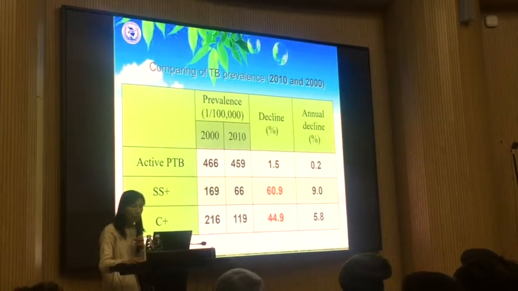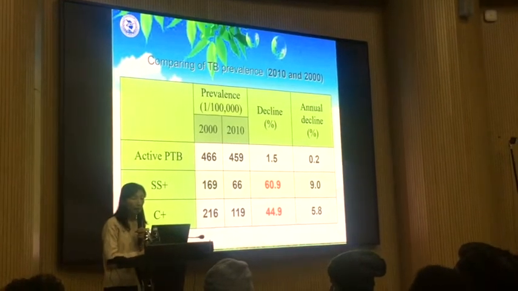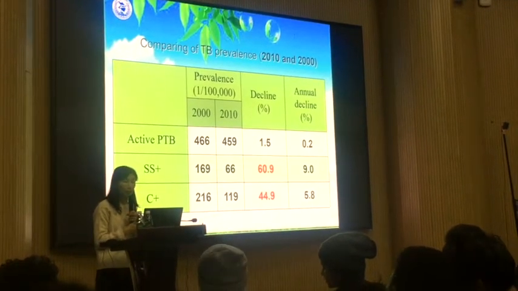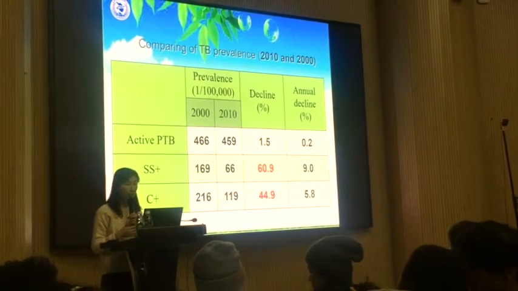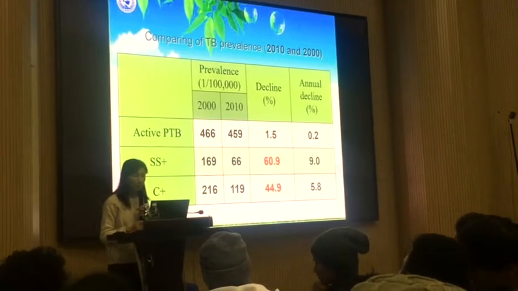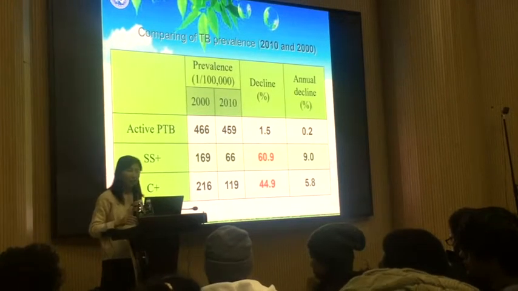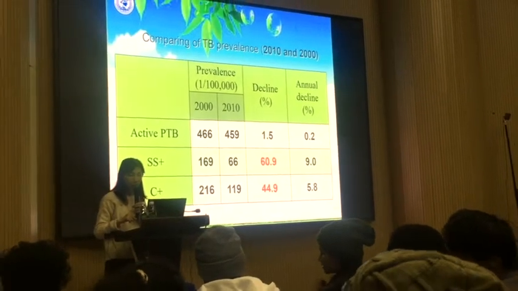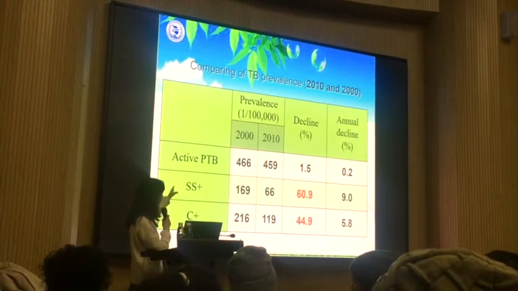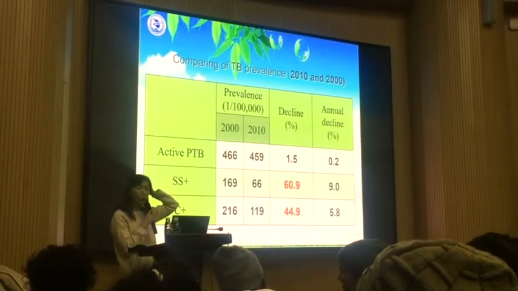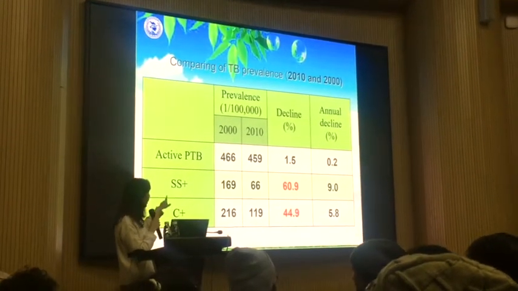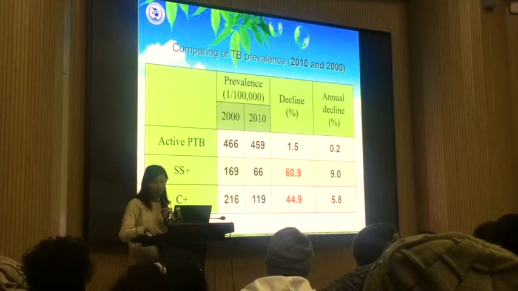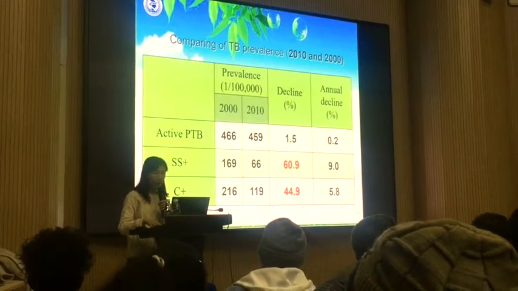We can see the prevalence of active TB, smear positive TB and culture positive TB has decreased a lot, and the annual decline rate for active TB is about 0.2, and for the positive ones, the annual decline is about 9% and 6%.